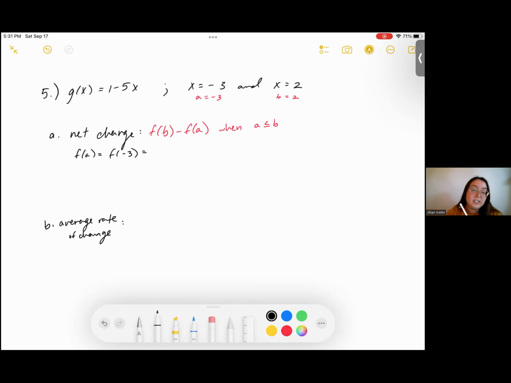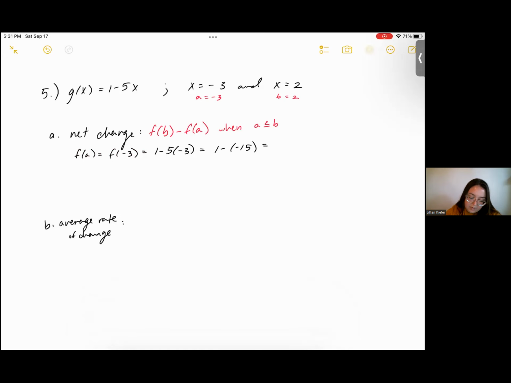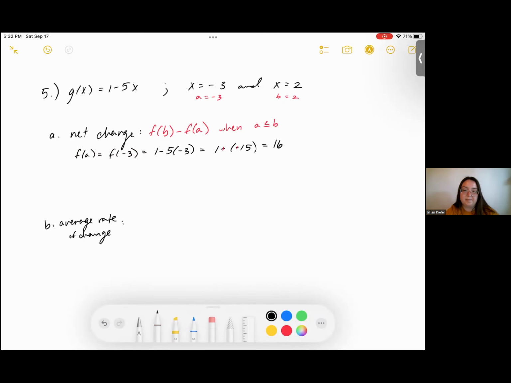G of x is our function. That's why you write f instead of, say, g or anything else. So our function evaluated at -3 would be 1 minus 5 times -3. So I want to simplify. 5 times -3 would be -15. And then we have 1 minus -15. We have a double negative here. We know that this means plus. So really we have 1 plus 15, which comes out to 16. So f of a is equal to 16.